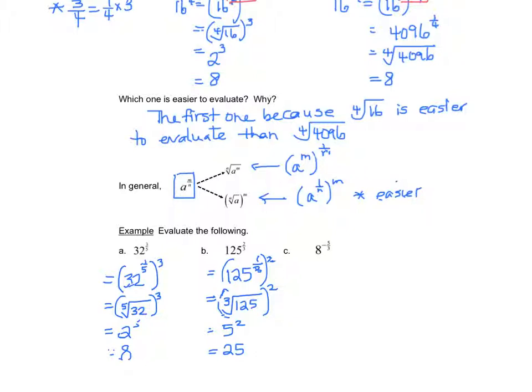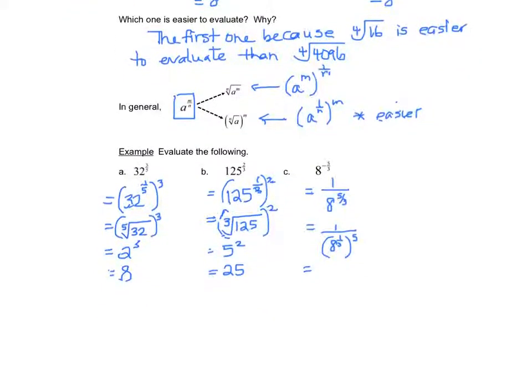And the last one is 8 to the exponent negative 5 over 3. If the exponent is negative, remember we write that as 1 over the same power with a positive exponent. And now we'll evaluate in the denominator. So we'll keep this 1 over. Now, that will be 8 to the 1/3 to the exponent 5.